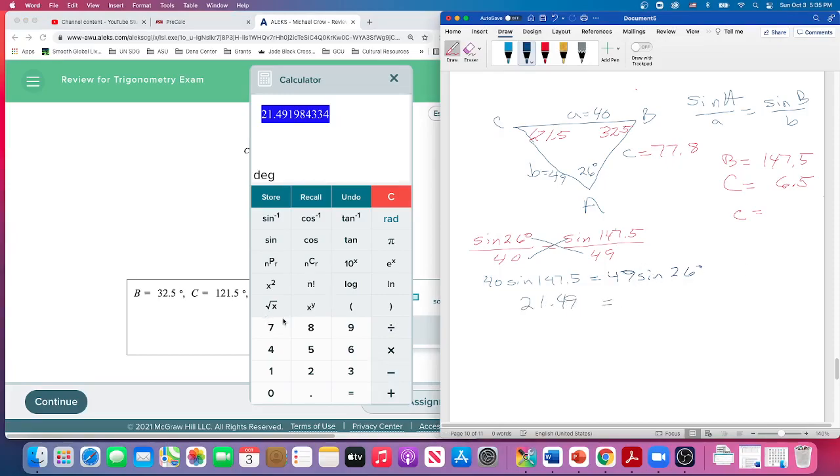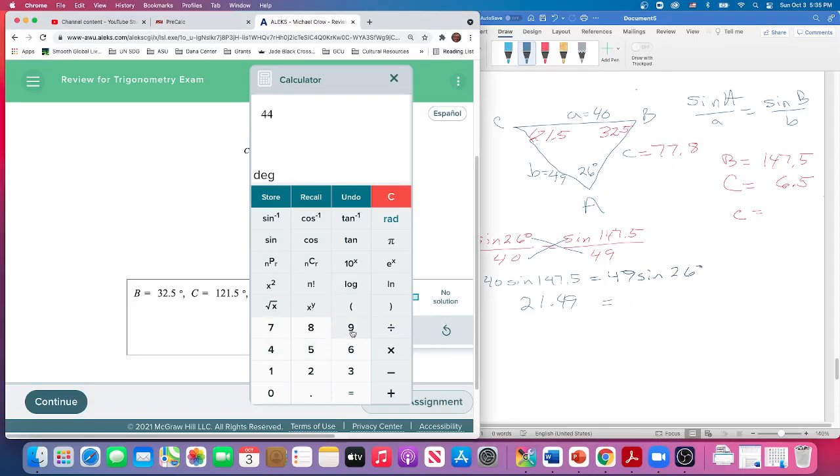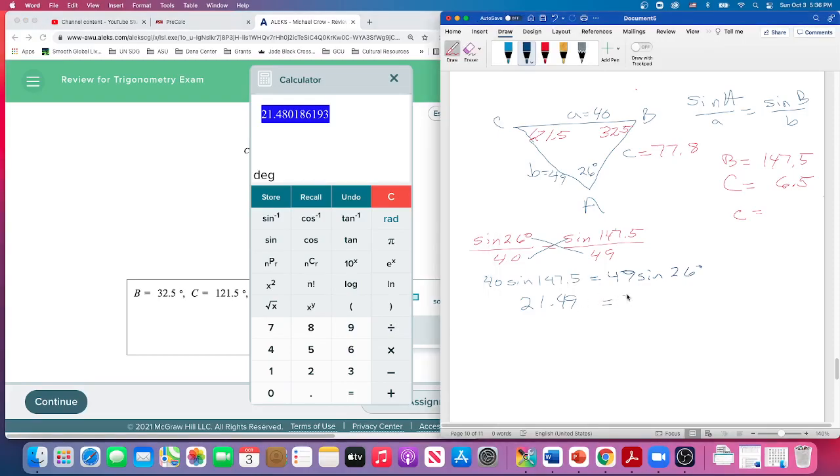That's good enough. Then we'll do the same thing here: 49 times the sine of 26, and we should get the same answer, 21.48. Remember, one is rounded, so we can say it's within a rounding error. That's good enough for me.